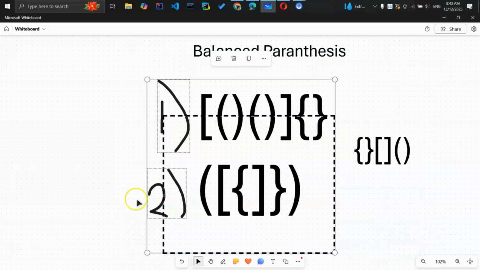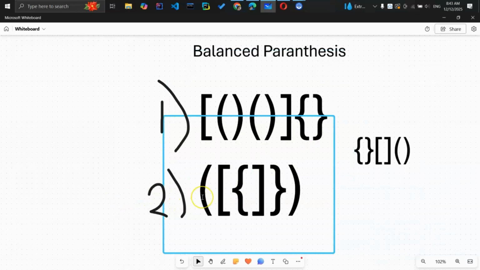We meet an open parenthesis, and secondly a bracket. The third one is an opening brace.